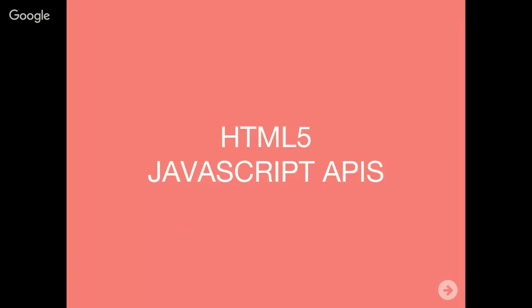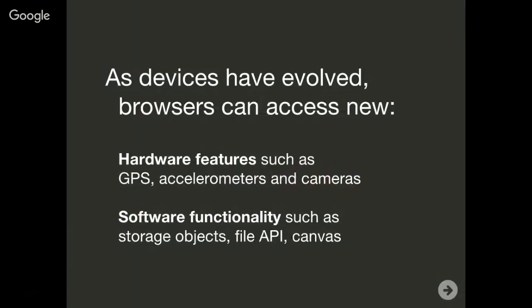So for example, there is a set of HTML5 JavaScript APIs. The kind of features that you can accomplish with the HTML5 APIs are, for example, getting the GPS, getting access to accelerometers or cameras, and also software functionality such as storing objects in the browser, working with files, or working with Canvas.